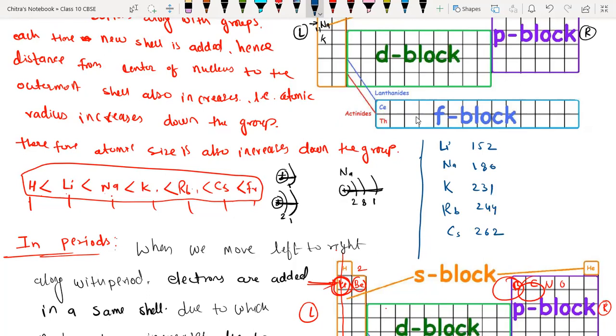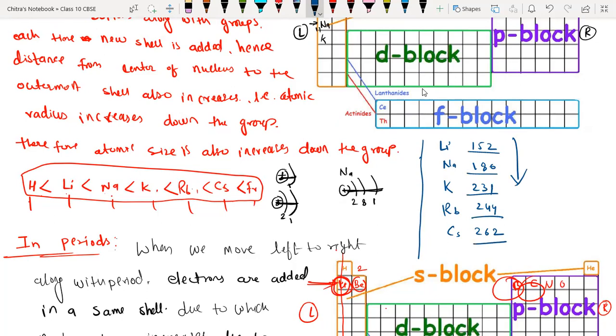Francium we are not discussing, as it is away from the trend. As we move top to bottom, atomic radius increases all the time because new shells are being added.